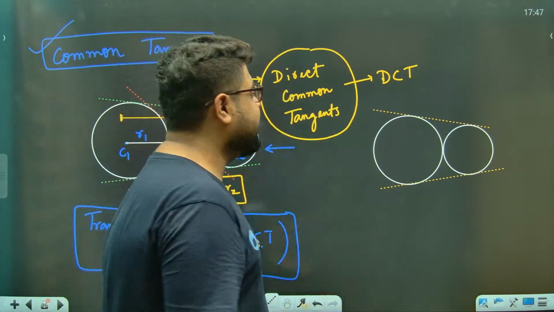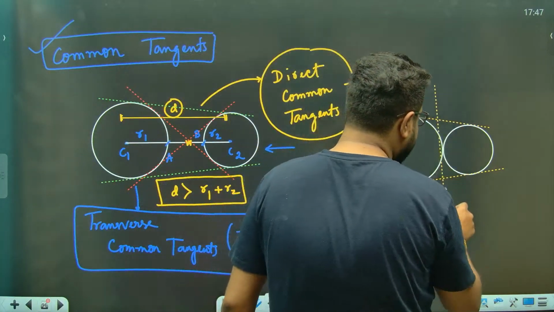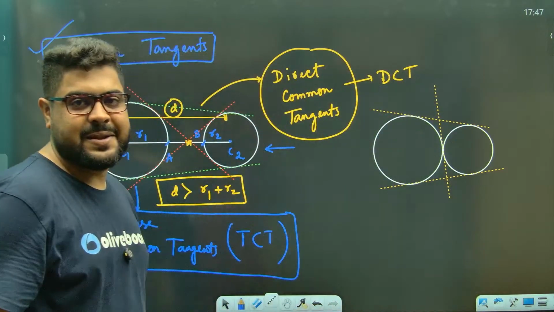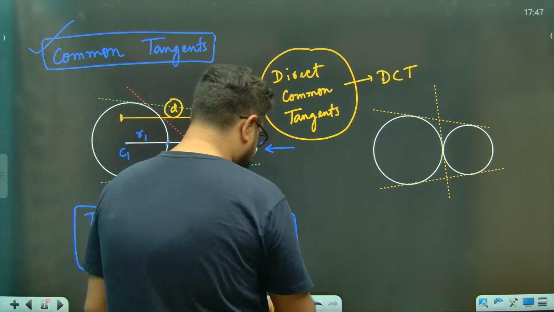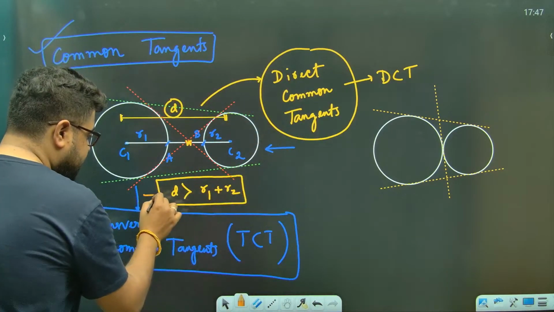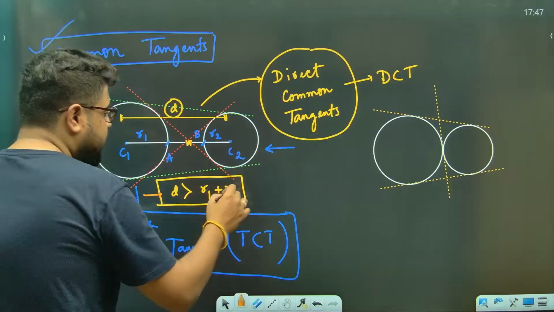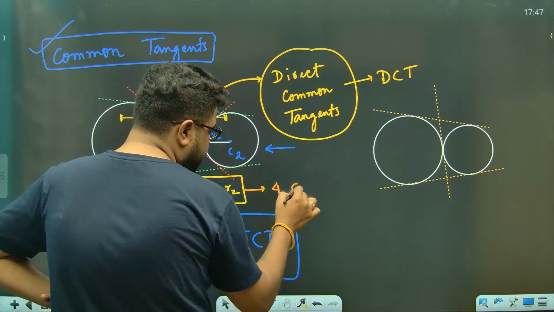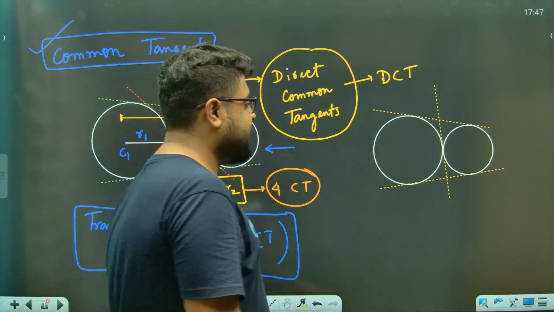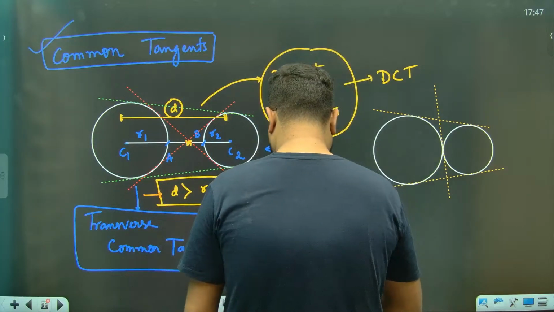We have only one TCT, and that will go something like this. So how many common tangents in this case? When D was greater than R1 plus R2, you said 4 common tangents: 2 DCT, 2 TCT.